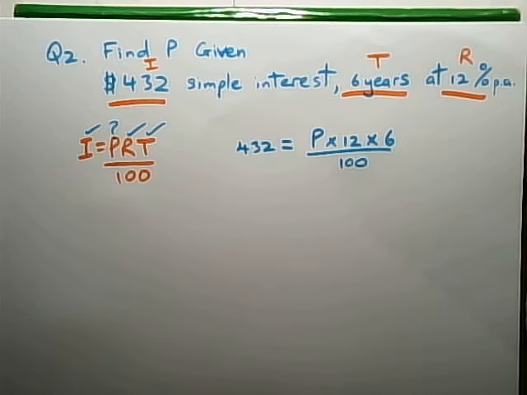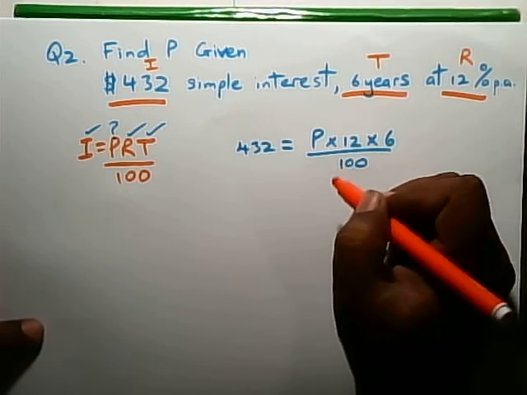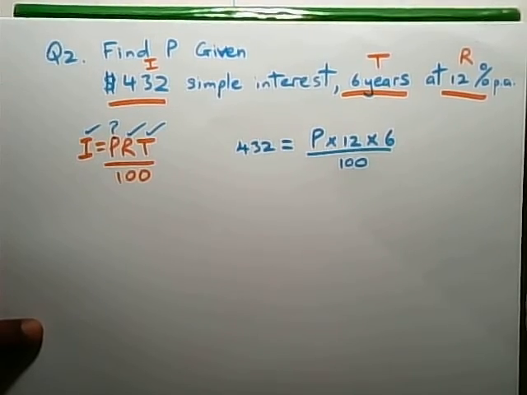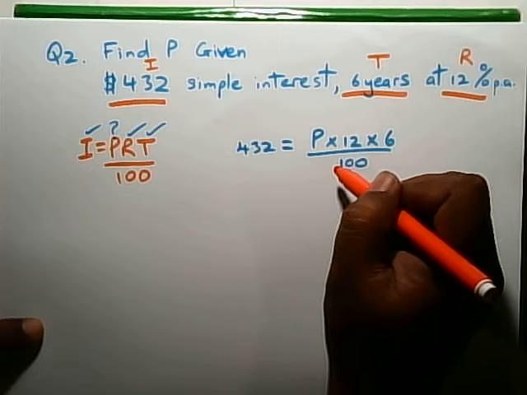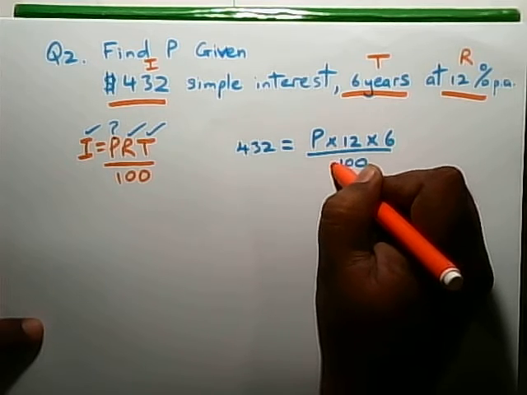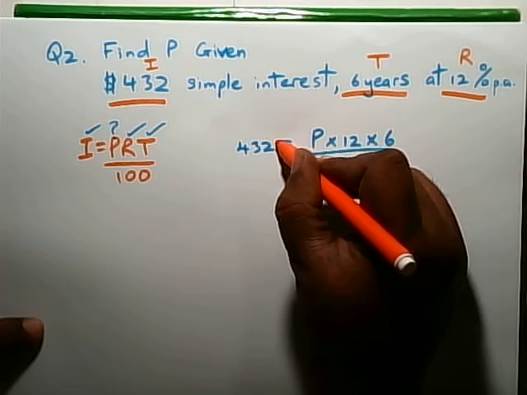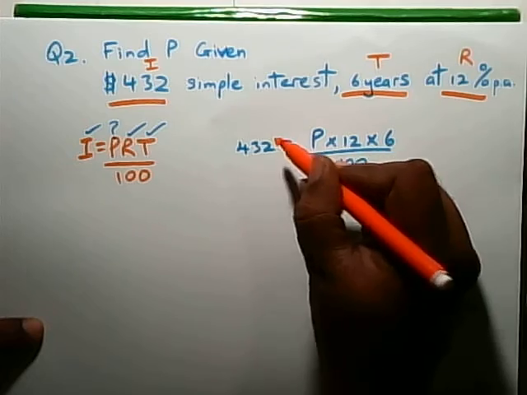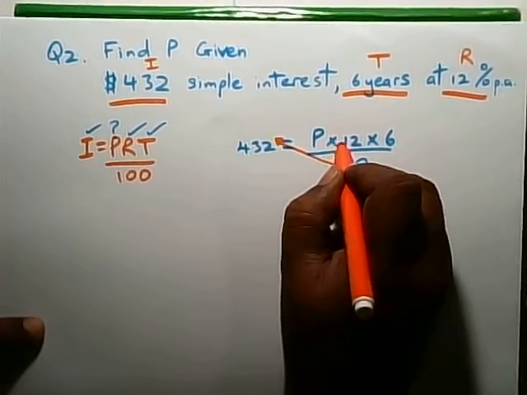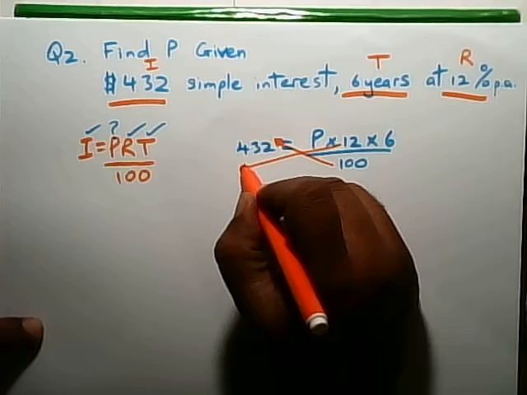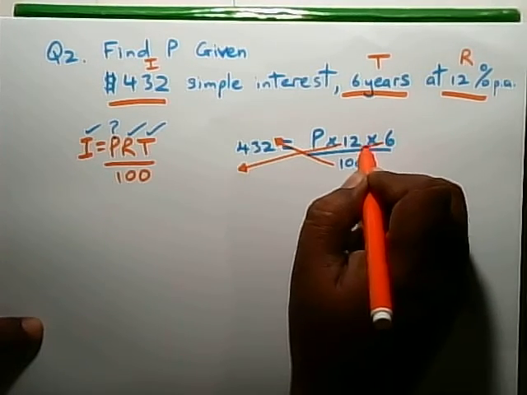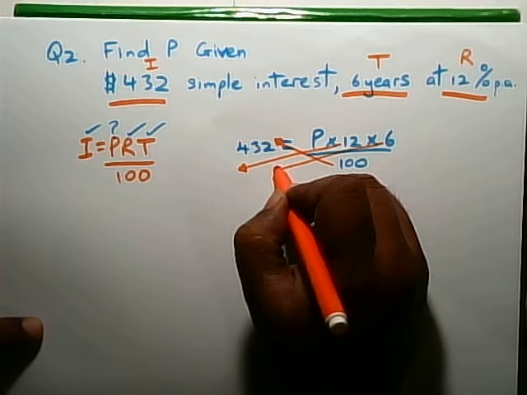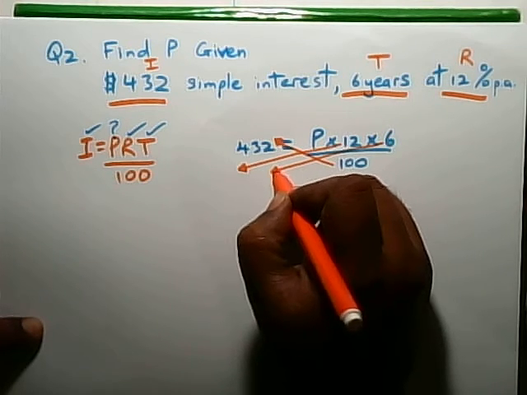Our next step, we rearrange our equation to make P the subject, to make P alone on one side. That means the 100 goes up here, the 12 goes diagonally down here, and the 6 also goes diagonally down here.